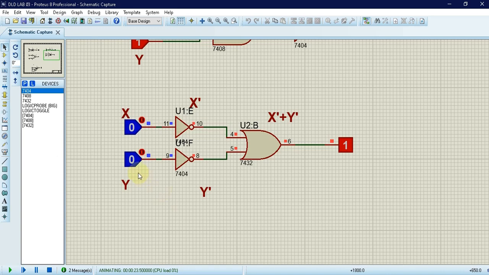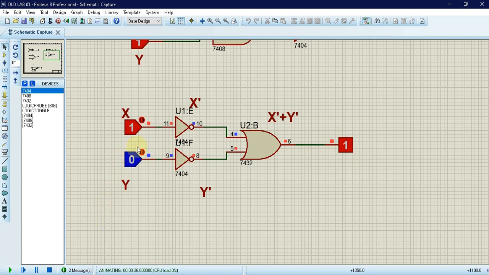Now let's begin with 1 given to x. The result is still the same. 1 is inverted as 0, 0 is inverted as 1, and 0 or 1, as we know from the truth table of the OR gate, gives us the output of 1.